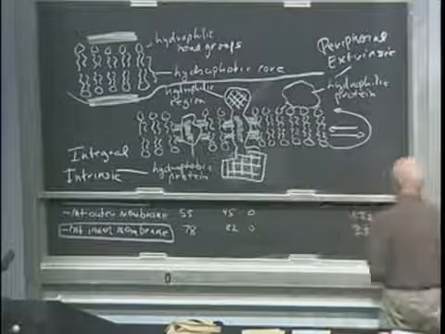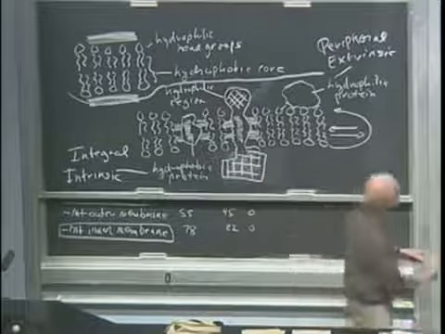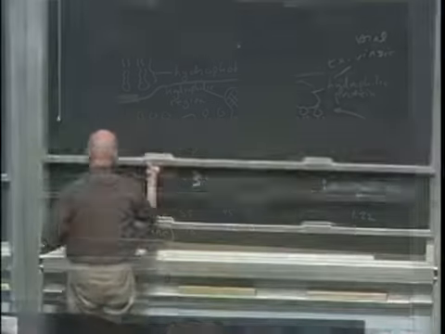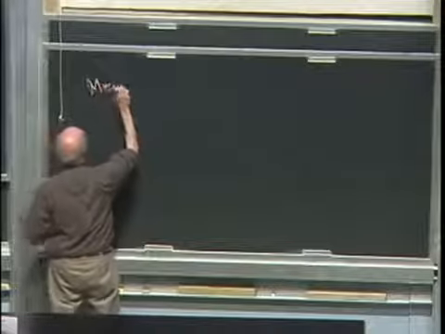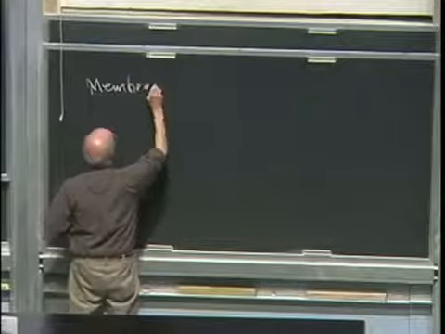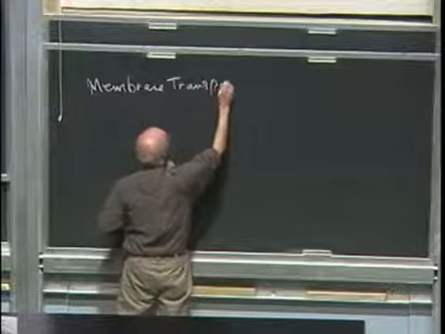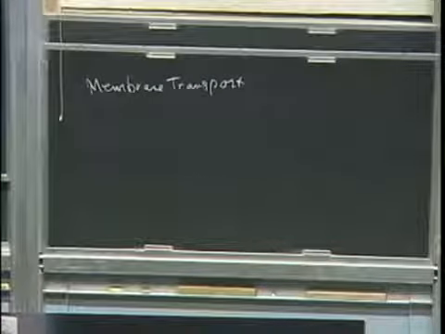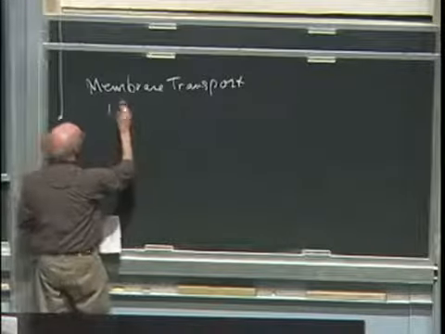And there are several ways that one can get things across a membrane. For example, so we're talking about membrane transport now. Now that you understand all there is to understand about the structure, the easiest, simplest way is, one, simple diffusion.